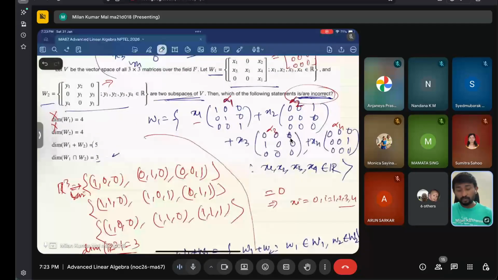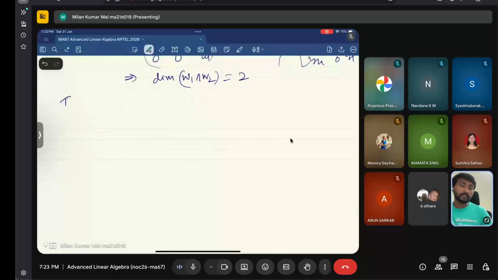Another way: if you know the dimension of W1 intersection W2, or of W1 plus W2, there is a very important theorem. You have to find at least one of them, but W1 intersection W2 is very easy to find compared to W1 plus W2.